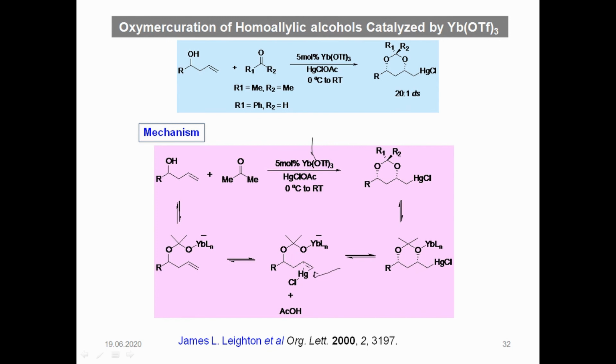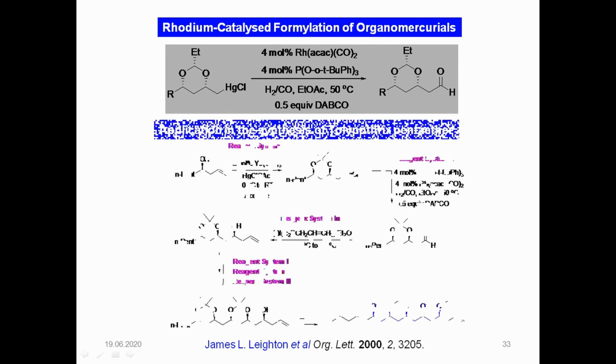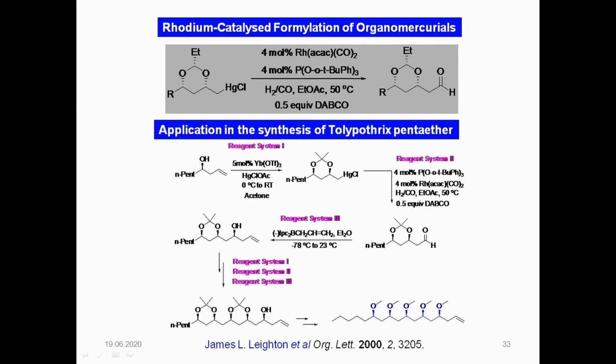So this is like the Evans reaction. Using this methodology, the mercury chloride is converted into an aldehyde using the above conditions, like rhodium, HRh(CO)2, and the corresponding phosphine, hydrogenation, carbon monoxide. This methodology was developed by Evans. So you can use these same conditions for the preparation of 1,3 polyols.